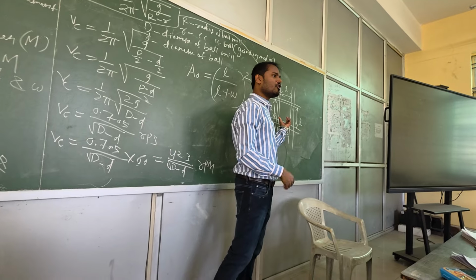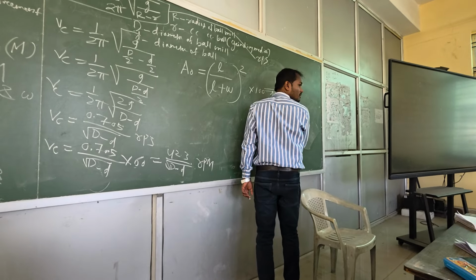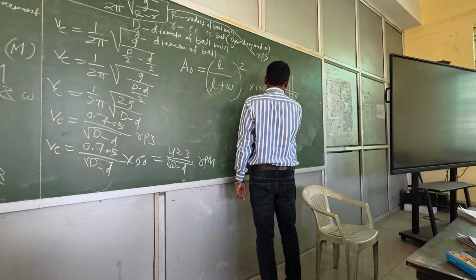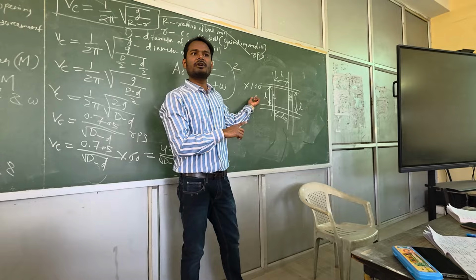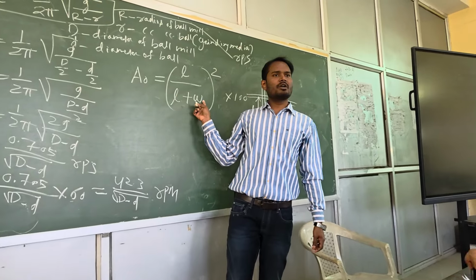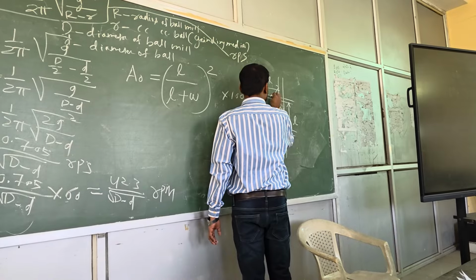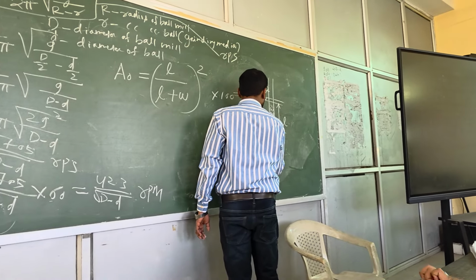It is also called aperture or opening, whatever. And this one is your W, which is actually the diameter of the wire of the screens. You can write W, or instead of W you can also write d, whatever.